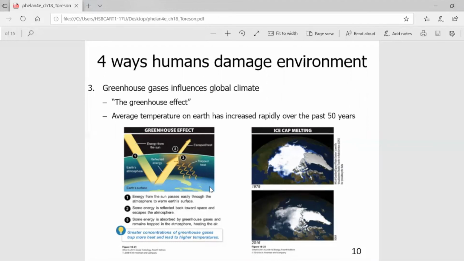We can see this indirectly by looking at images of the polar ice caps. Here in this figure, we are looking at two images of the polar ice caps, one taken in 1979 and the other taken in 2016. And there is a significant loss in the ice cap.